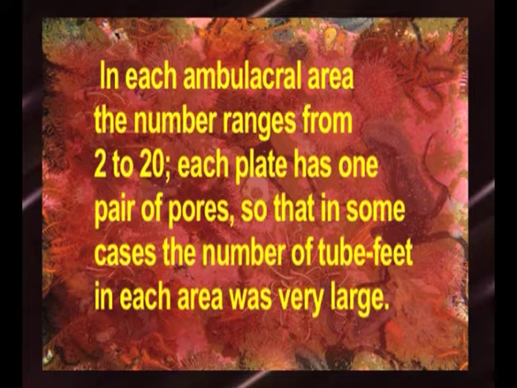All the Paleozoic echinoids belong to the endobranchiate division of the regular group, with two exceptions. The corona is characterized by consisting of more than 20 columns of plates in each ambulacral area. The number ranges from 2 to 20. Each plate has a pair of pores, so that in some cases the number of tube feet in each area was very large.